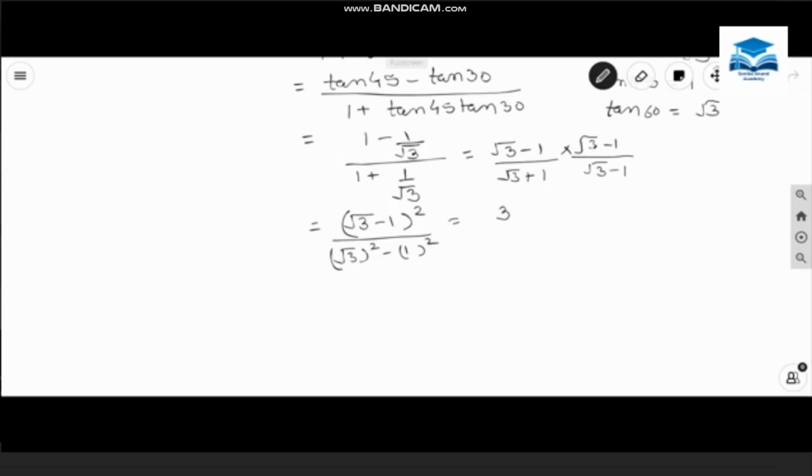So it becomes 3 plus 1 minus 2 under root 3 upon 3 minus 1, which is equal to 4 minus 2 under root 3 upon 2. And our answer becomes 2 minus under root 3. Okay. So from this question you have to learn the formula for the tan theta.